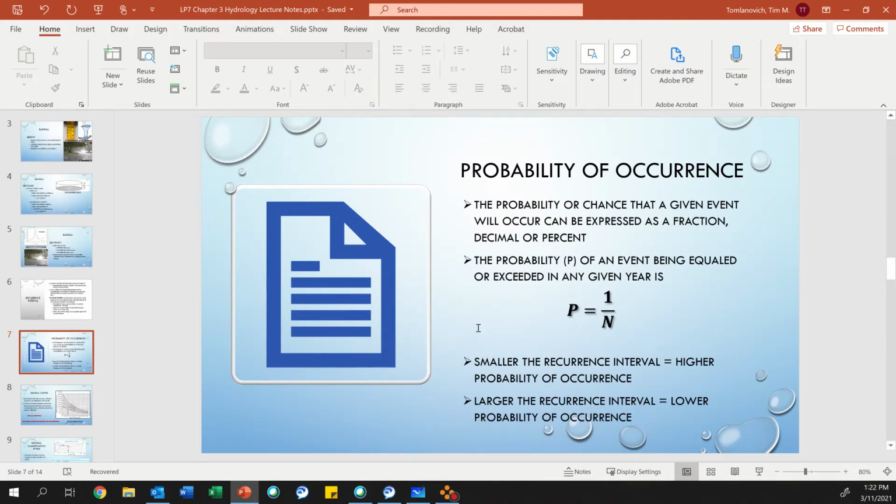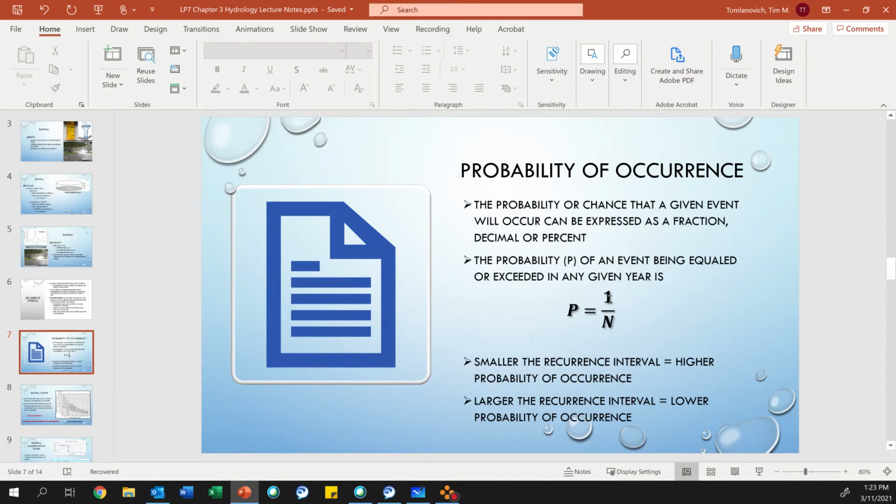So now we've got to determine the probability of occurrence of those storms. Okay, so again, using statistics, the probability or chance that a given event will occur can be expressed as a fraction, decimal, or percent. So basically, P, probability, is 1 divided by N. N is that recurrence interval.